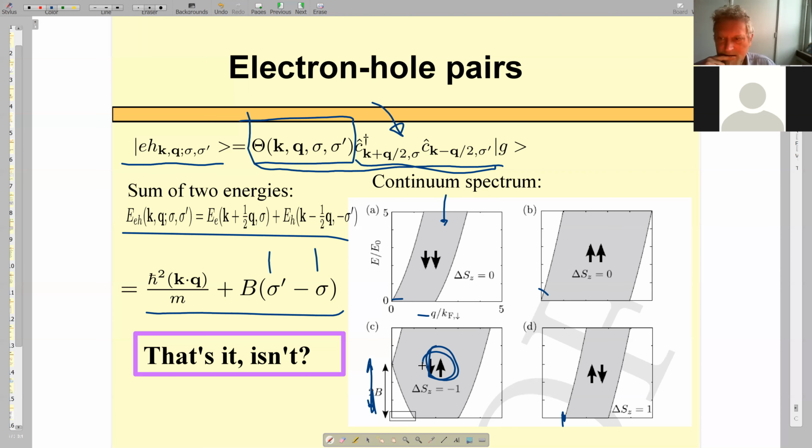And now I'm about to tell you an alternative, which looks fancy, but it's more or less what Goldstone has proposed to describe low energy excitations which come about from the spontaneous symmetry breaking.